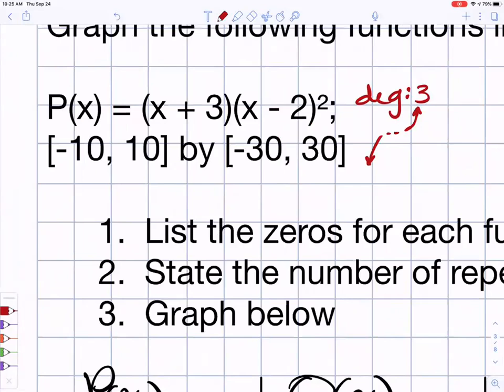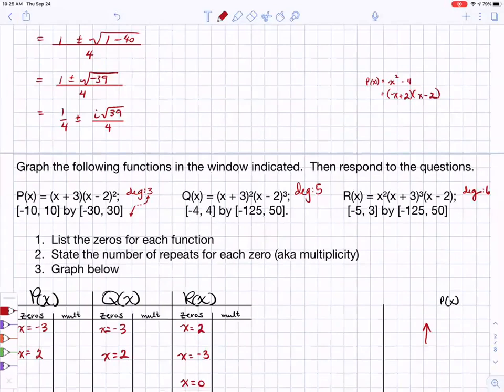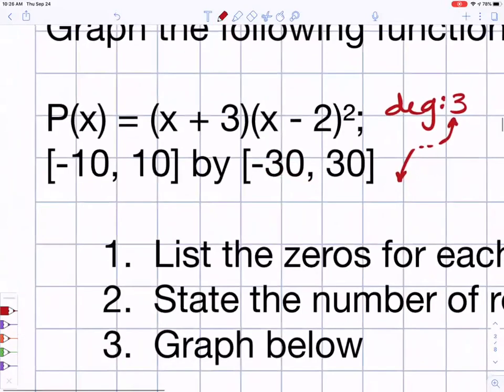Just enter it into the Y equals. Now, before you graph, go to your window.